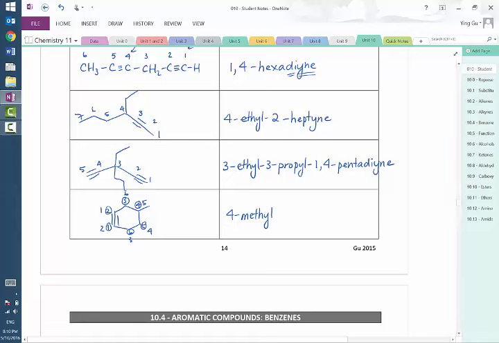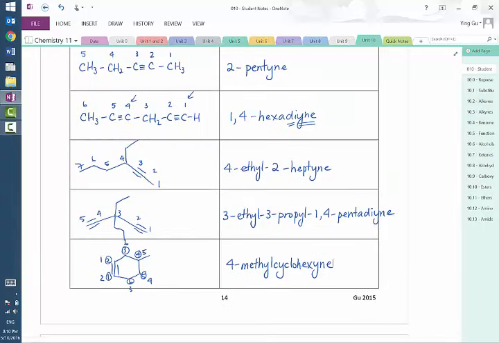So we simply write 4-methylcyclohexyne. No 1 necessary. So there you have it. Alkanes, alkenes, and alkynes. Boy, we're having all kinds of fun today. Boo out.